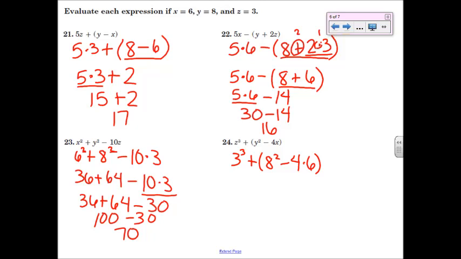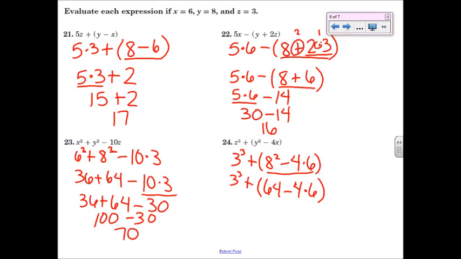So the first thing that we do is inside the parentheses, and we treat that separately. So inside the parentheses, the first thing I have is exponents. So I do that first. I have 3 cubed outside still. And then I have 8 times 8 is 64. And then 4 times 6.